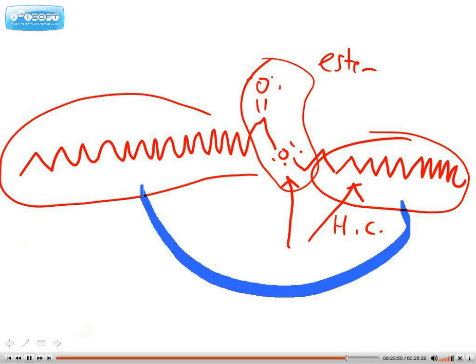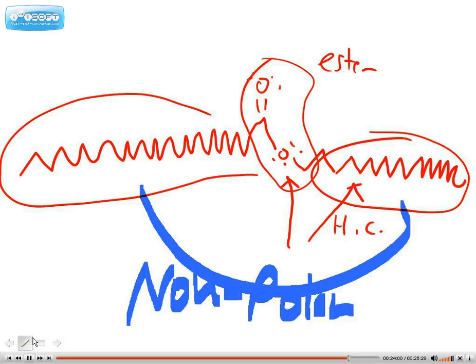Why does it do this? Well, it turns out these really long hydrocarbons on these esters are very nonpolar. Let me change pens. They're very nonpolar. And this is done on purpose.